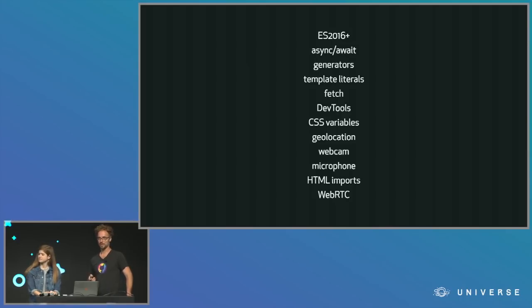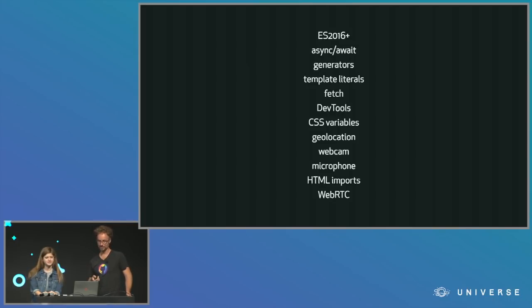Async await is a really nice way to write asynchronous code that doesn't feel as confusing as traditional JavaScript callbacks. And with Electron and with Chromium, you actually get async await out of the box. So you don't have to write code and then transpile it using a tool like Babel or something like that. You can just write it right in your Electron app.